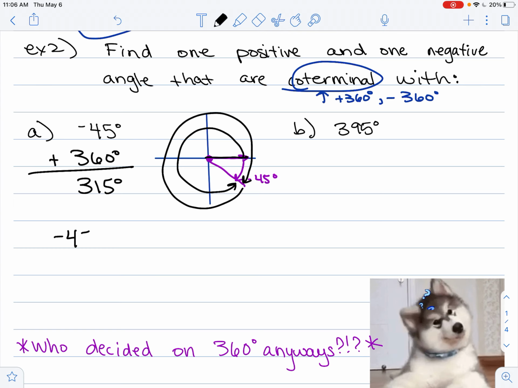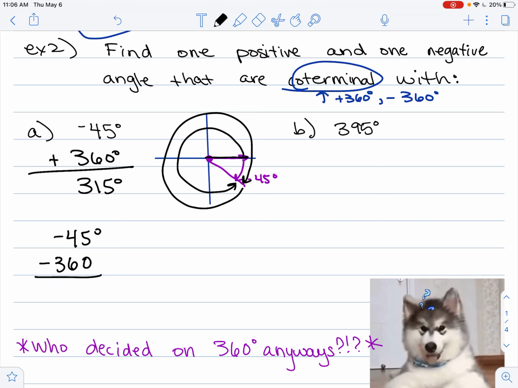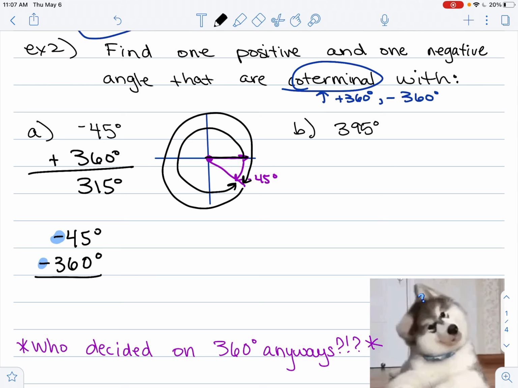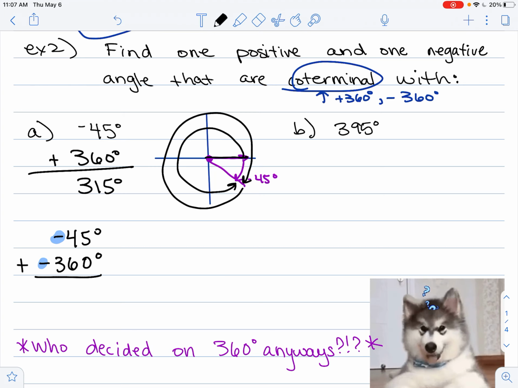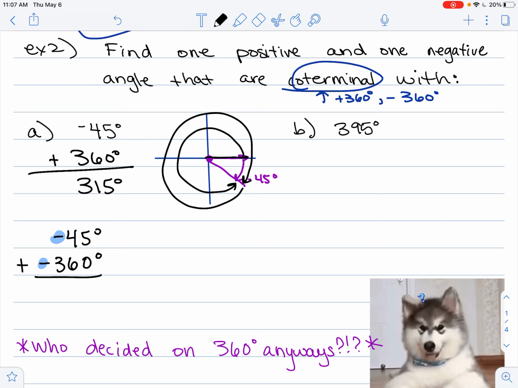And then I'll start with the negative 45 degrees again, and I'll subtract 360. Now remember, if this is a minus and I'm subtracting 360, that's like saying adding a negative 360. When you have subtraction or a negative number, adding another negative, we can actually just add the two numbers and we get negative 405 degrees.